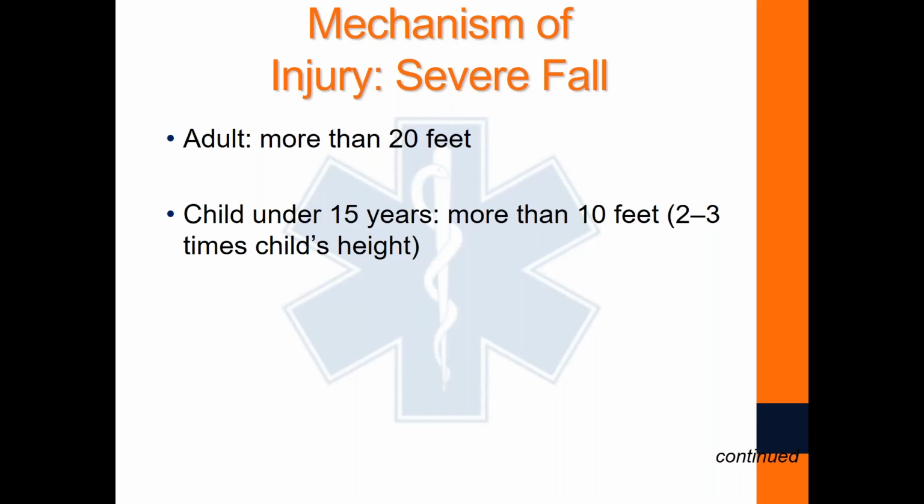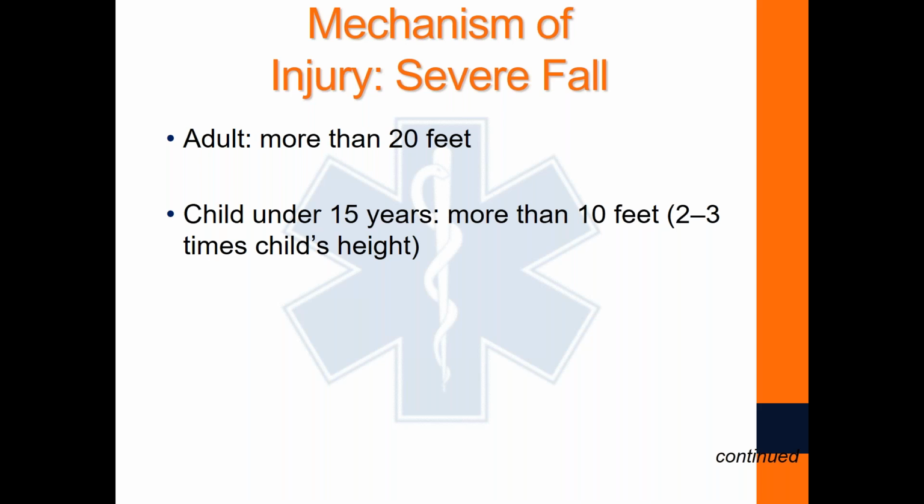So as we're evaluating our mechanism of injury, these are some things, and I know this comes directly from the text and is probably likely to be seen by you fellas again. When we talk about a significant or severe fall, these are our trigger points, right?